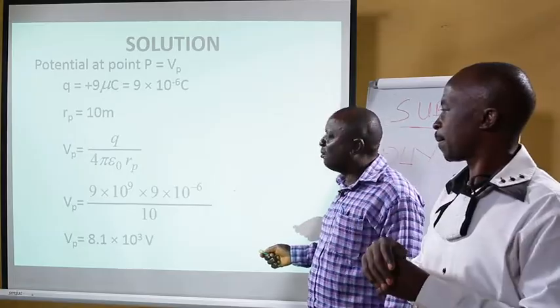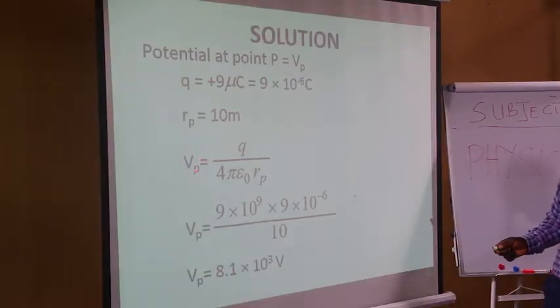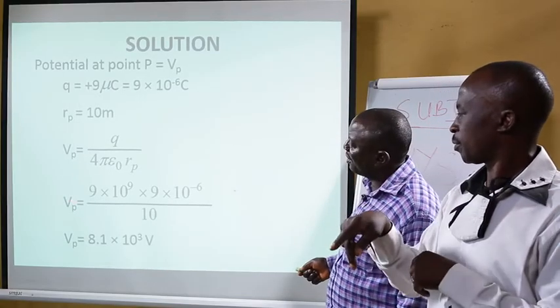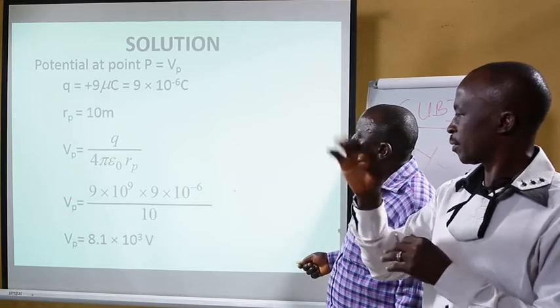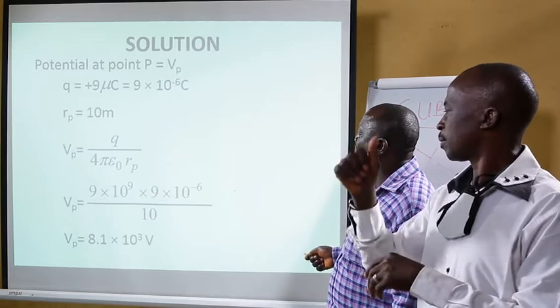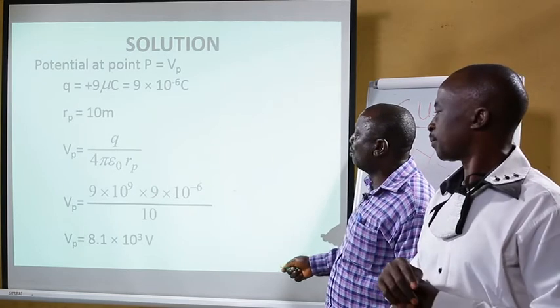Now, applying our formula for electric potential, we have Vp equals Q over 4 pi epsilon naught Rp. Substituting in our values, we will have Vp equals 9 times 10 raised to power 9 times 9 times 10 to power minus 6 all over 10.